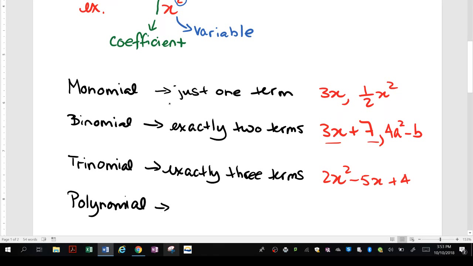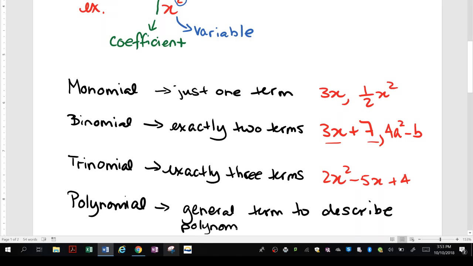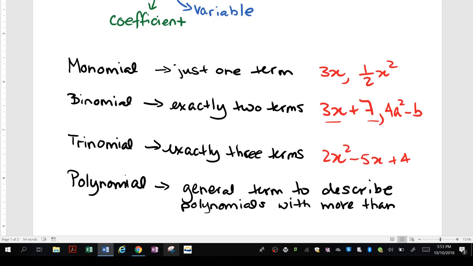While the word polynomial does describe all polynomials, including monomials, binomials, and trinomials, we use polynomial as a general term to describe polynomials with more than 3 terms. Oh, I should say more than 3. 4 or more. So more than 3 terms.